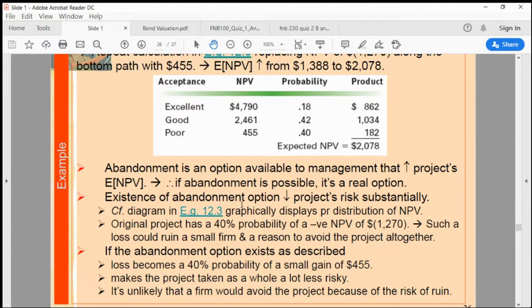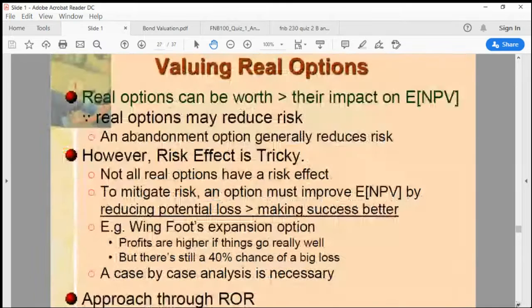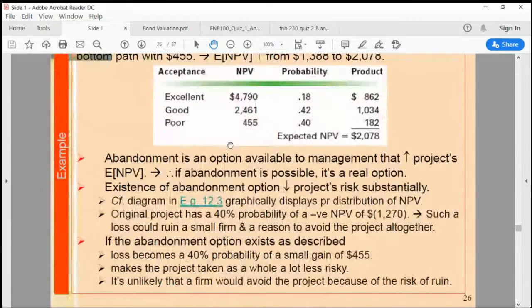And the existence of the abandonment option lowers the project's risk substantially. Yes. Because in the poor scenario, you still have a positive, not a negative, net present value.